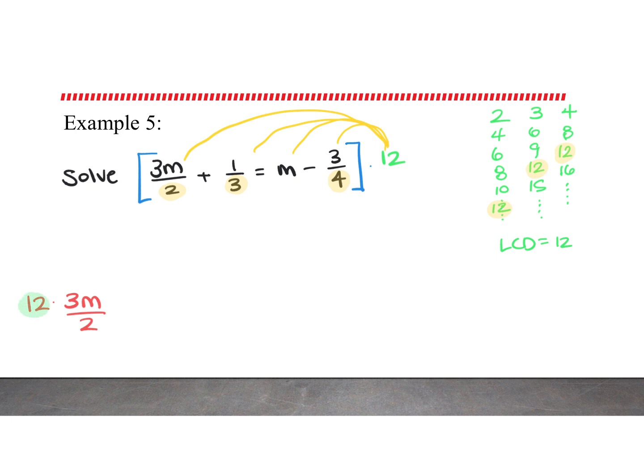Because I know this number is a multiple of this bottom number, it's going to give me a whole number answer. So 12 divided by 2 gives me the number 6. And then I'm going to take that 6 multiplied by the 3m, and that gives me 18m.